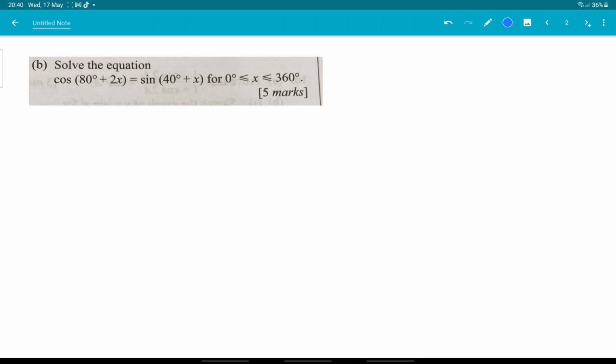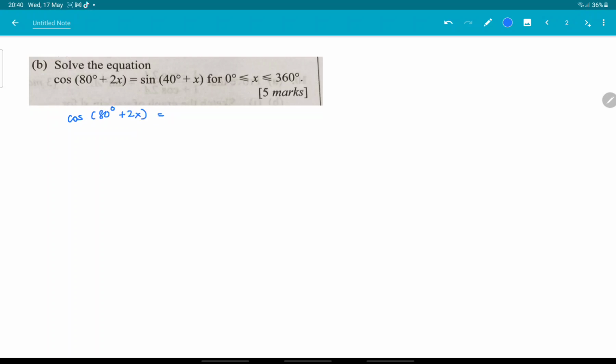We have to solve this equation for the given range.